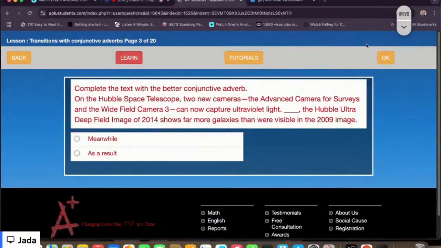On the Hubble Space Telescope, two new cameras, the Advanced Camera for Surveys and the Wide Field Camera 3, can now capture ultraviolet light. Dash, the Hubble Ultra Deep Field image of 2014 shows far more galaxies than were visible in the 2009 image.